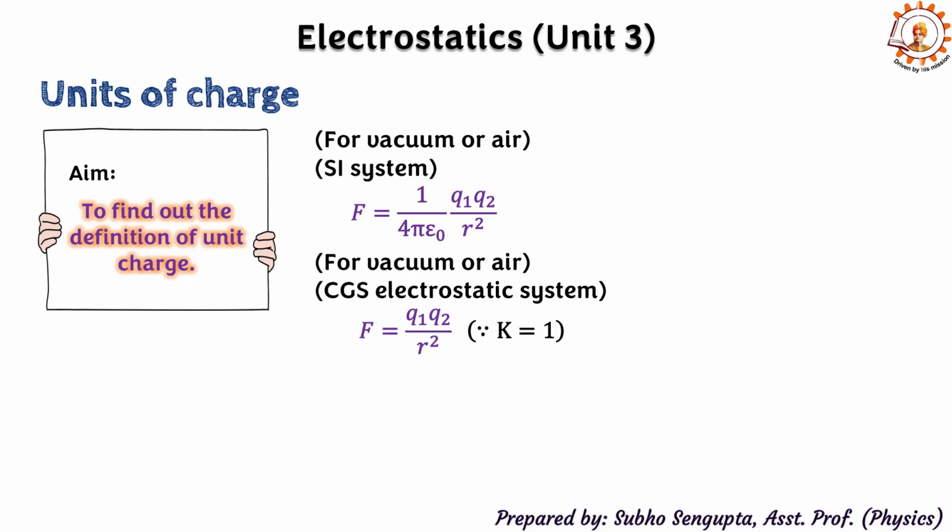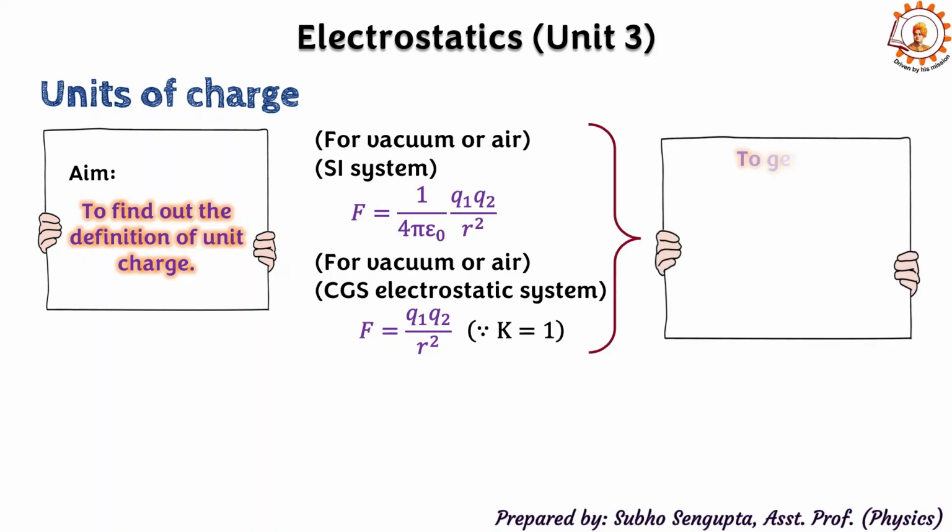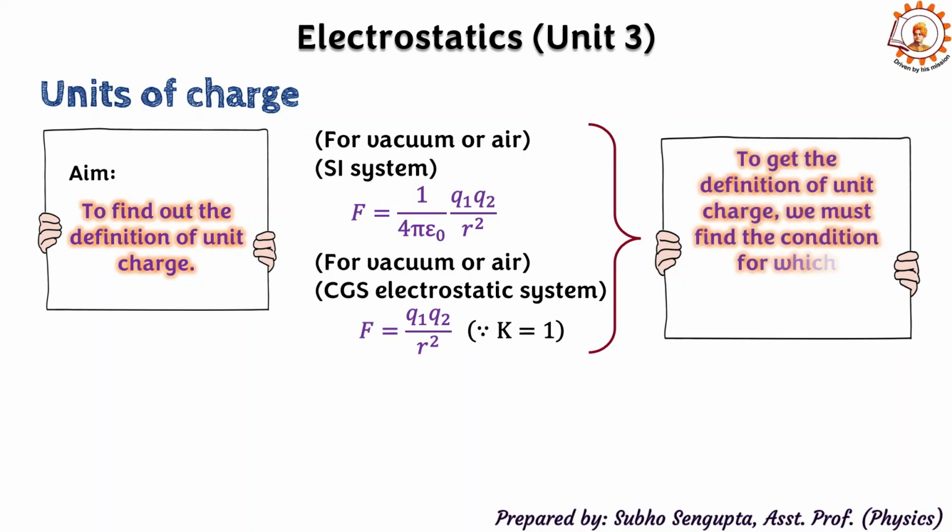This is because the value of dielectric constant is 1 for vacuum or air. Note that, in order to define unit charge, I need to find out that condition from both the equations, for which I will get the magnitude of both the charges equal to plus minus 1. The question is, how can this be done?